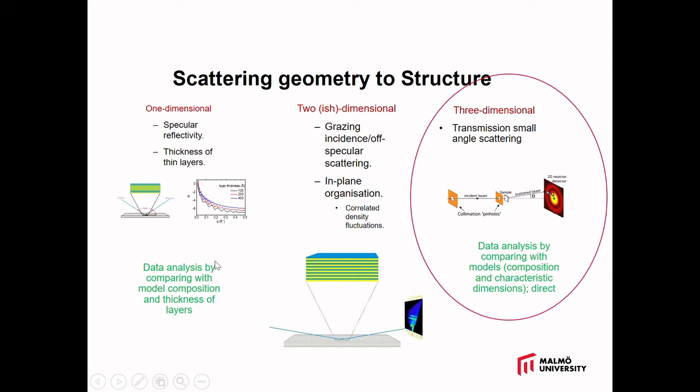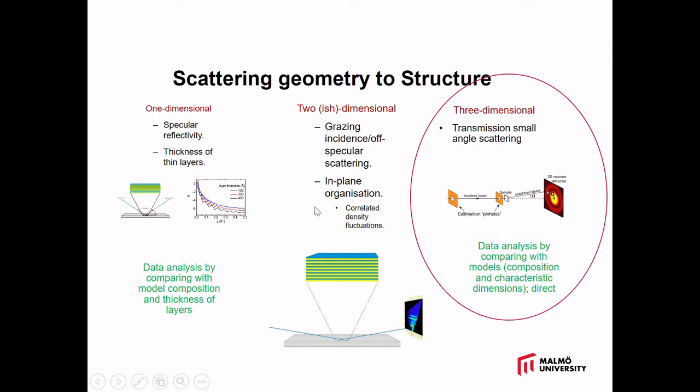The data analysis in this case is usually done by comparing a calculated profile with an SLD model. And from that we get information about the composition and the thickness of layers. But Marite will talk about that in a lot more detail than just this slide.